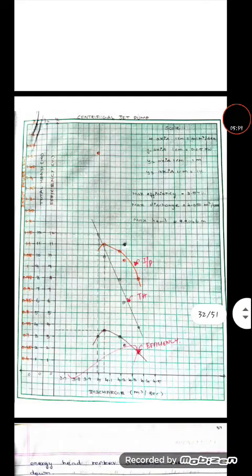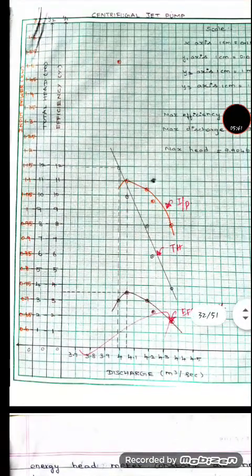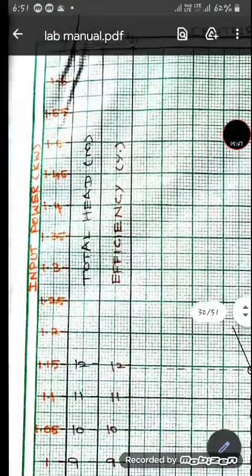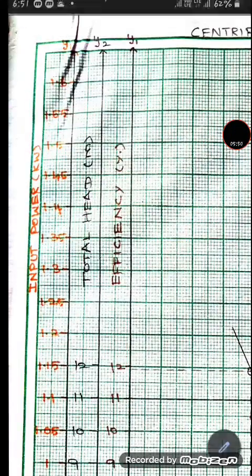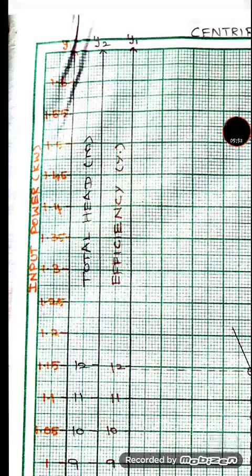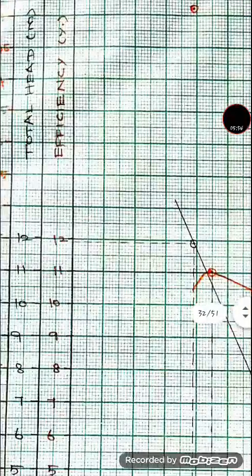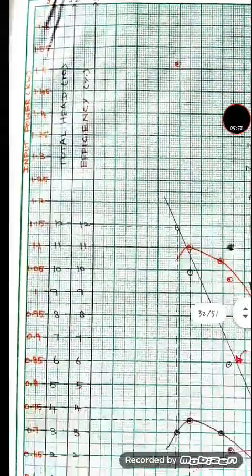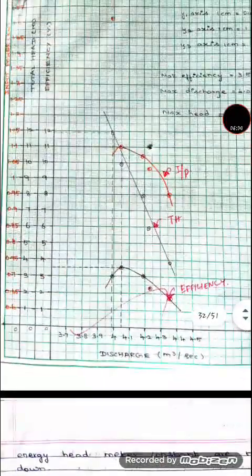And then we have to draw the graph of discharge against the efficiency, total head, and input power. Input power is in terms of kilowatts, total head in terms of meter, and efficiency in terms of percentage. These have been tabulated for various values in the tabulation, and marked.